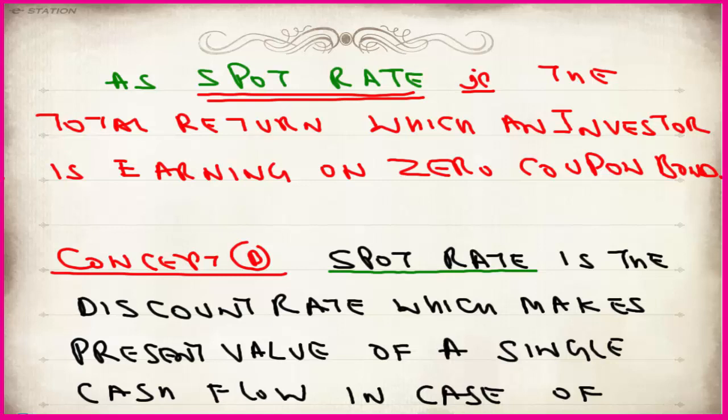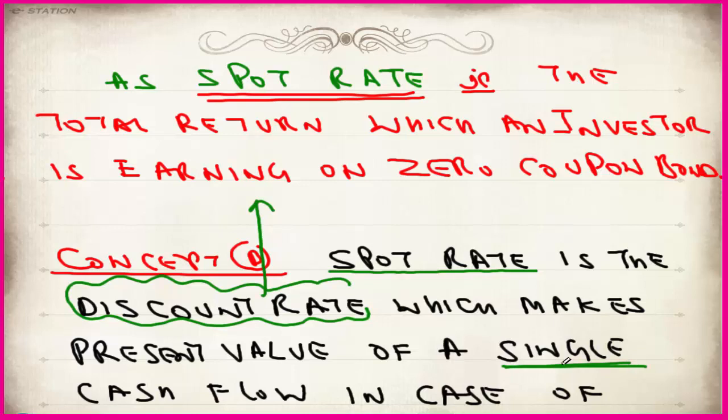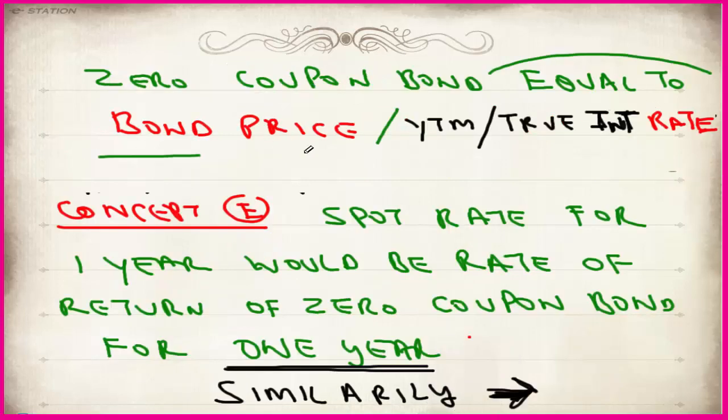So concept number D. Again, please write down concept number D. Spot rate is the discounting rate. Because we need a discounting rate for calculating the value of a bond, spot rate is the discounting rate which makes the present value of a single cash flow, because in case of zero coupon bonds we get a single cash flow on maturity, equal to the bond price.